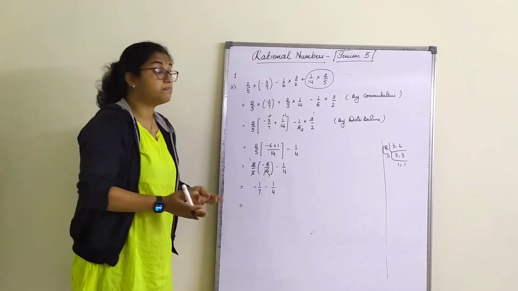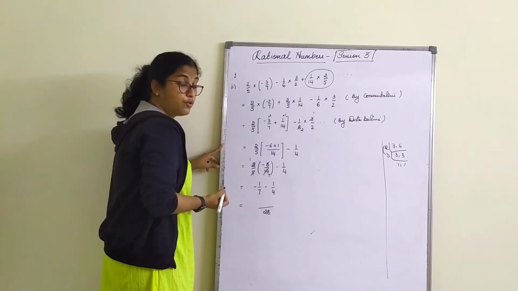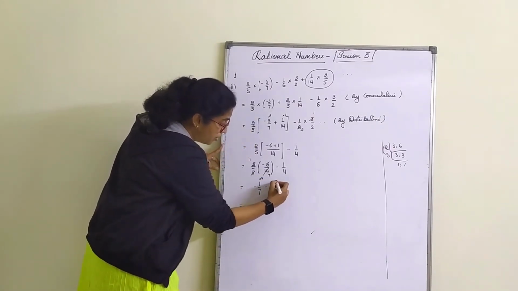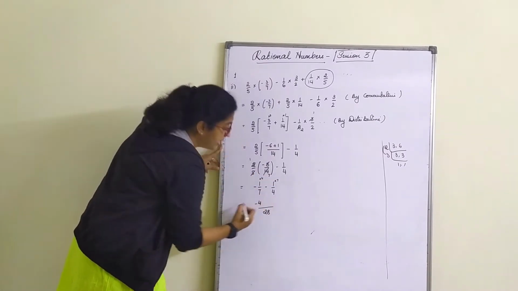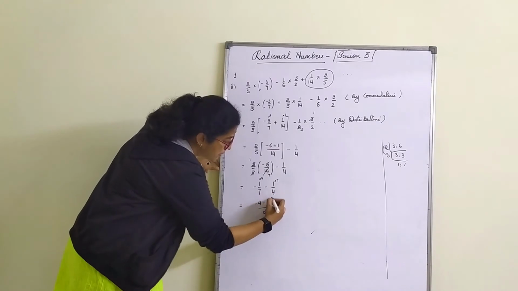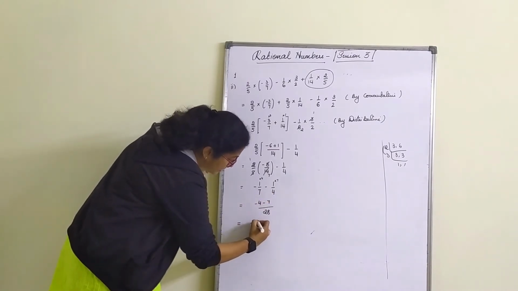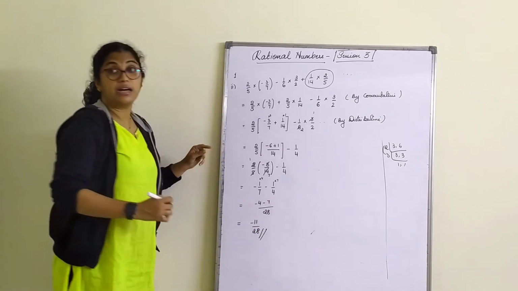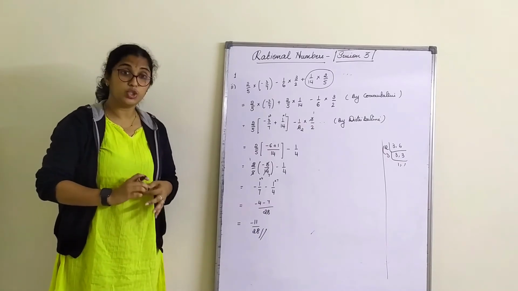That is why we just multiply, and the LCM is 28. 7 4s are 28, so into 4, 4 7s are 28. So this is minus 4 and this is minus 7. Minus 4 minus 7 is minus 11 by 28 is the answer. So the answer for this solution is minus 11 by 28.